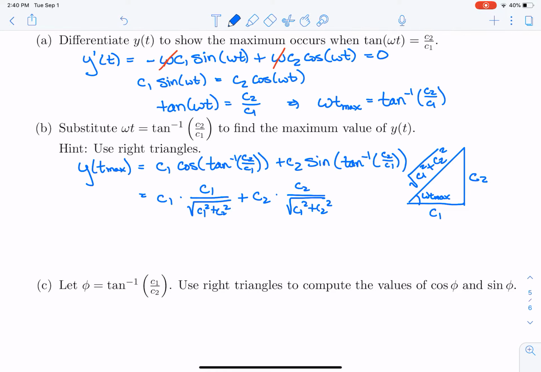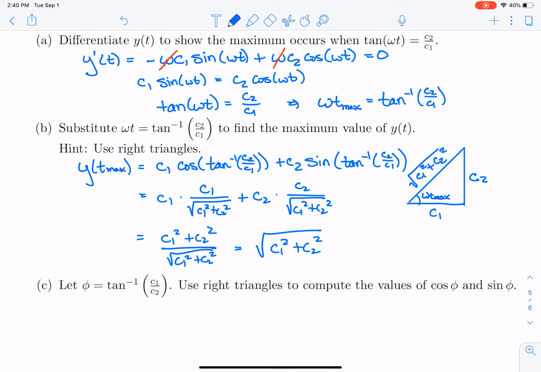So what we essentially have here is C1 squared plus C2 squared over the square root of C1 squared plus C2 squared. That is the square root of C1 squared plus C2 squared. So the amplitude here, okay, is the square root of the sum of the squares of the two coefficients.